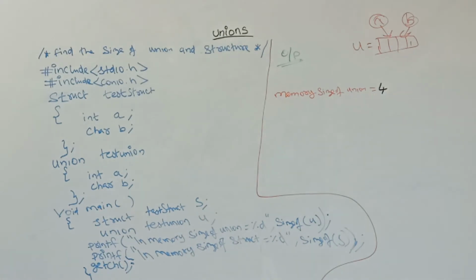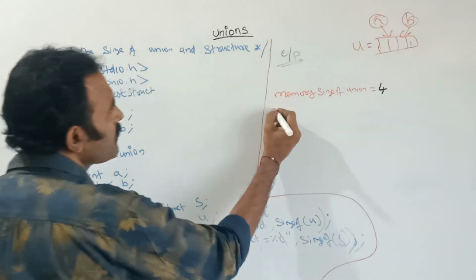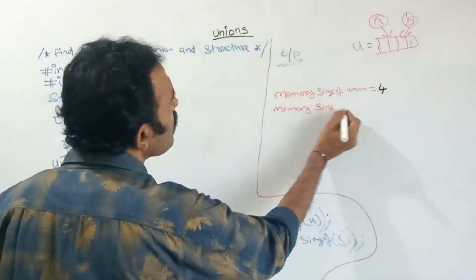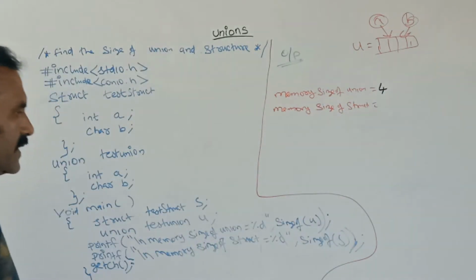Next, I am telling it to print the memory size of the structure. In the next line, the size of the structure is equal to, what will be the answer?